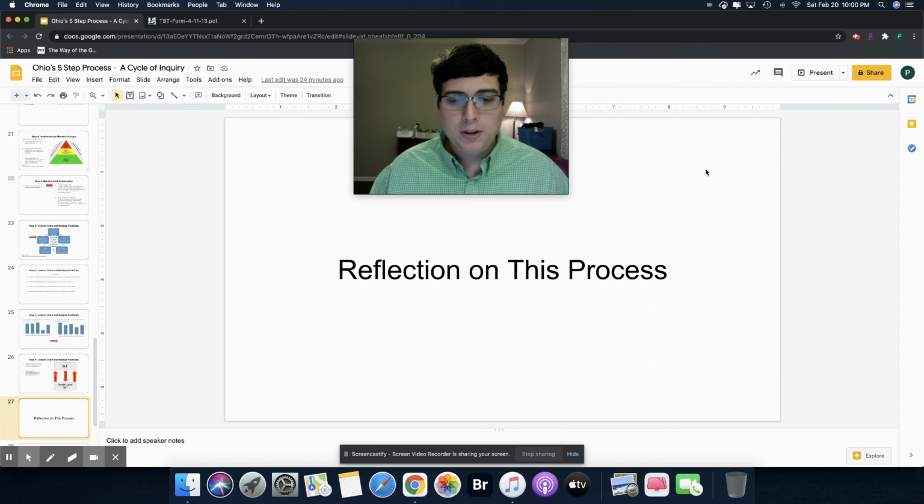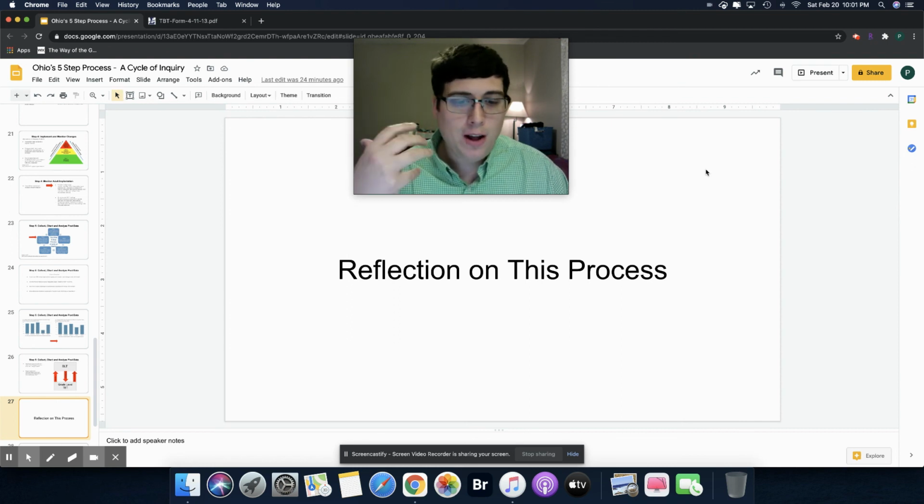One specific leadership theory there, the Vroom-Yetton model, as discussed in the green text, chapter 6, pages 185 and 186, would probably describe the Ohio five-step process as a group decision.